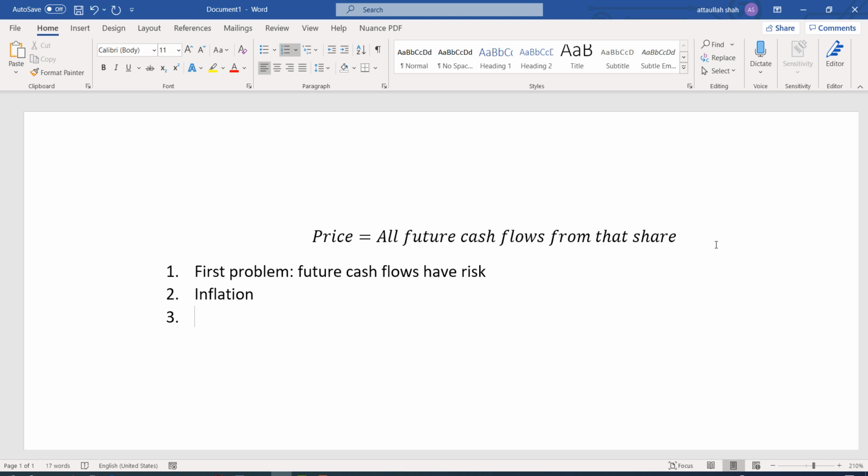Due to these two reasons, and there is also a third reason, that is the cost of not having something today. There is sacrifice.